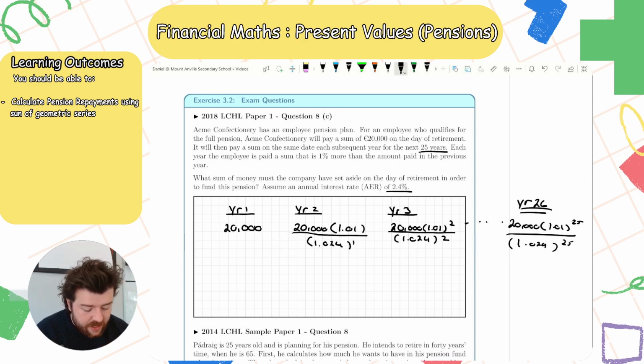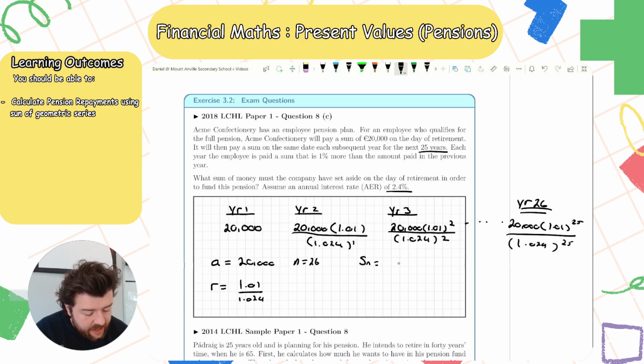This is my geometric series. A is 20,000. My r is 1.01 over 1.024, because that is what I'm multiplying by to get to the next term. And n is equal to 26, because there are 26 terms here.